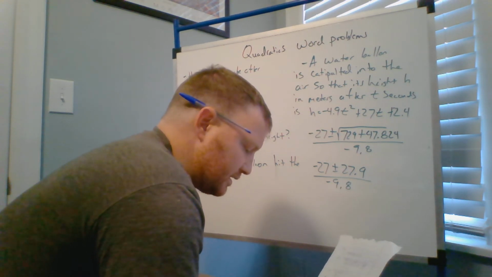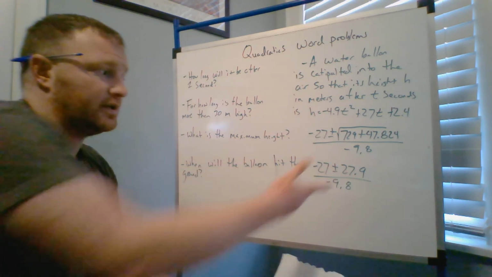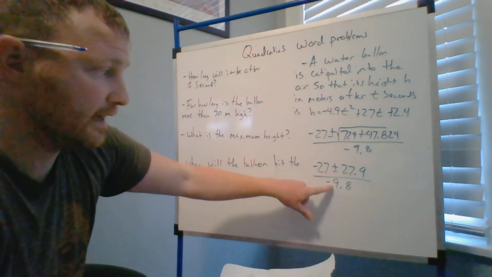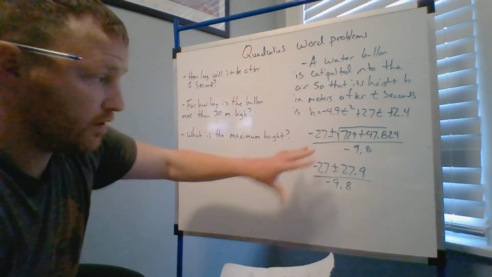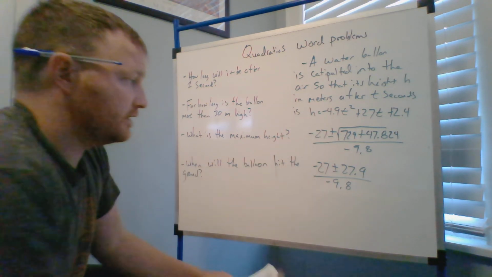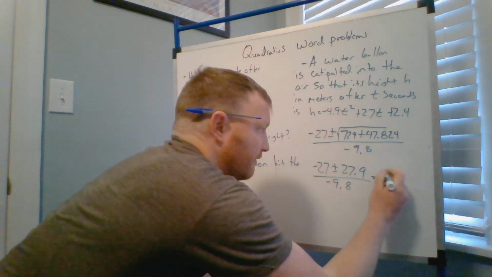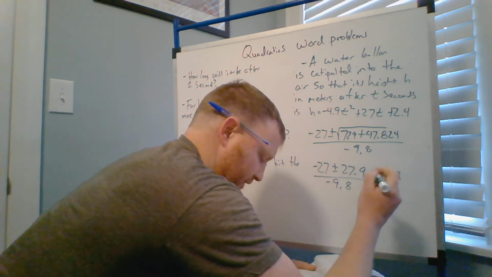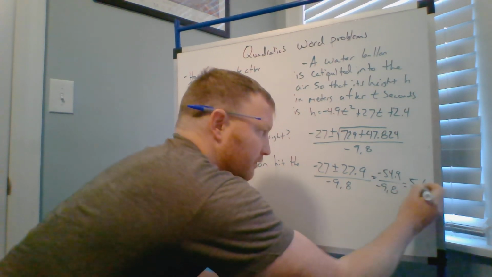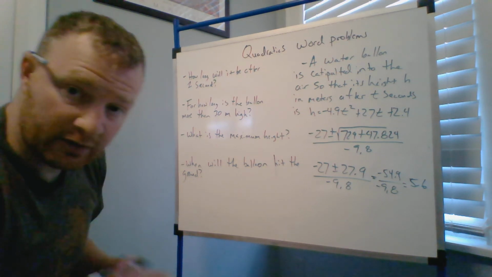In this case, it does not make sense to do negative 27 plus 27.9, because that will be a positive 0.9, and positive 0.9 divided by negative 9.8 is a negative number. We don't want a negative answer for this, so we only have to do one answer here. Negative 27 minus 27.9 is negative 54.9, divided by negative 9.8, and that equals 5.6. So it'll take about 5.6 seconds for the balloon to hit the ground.